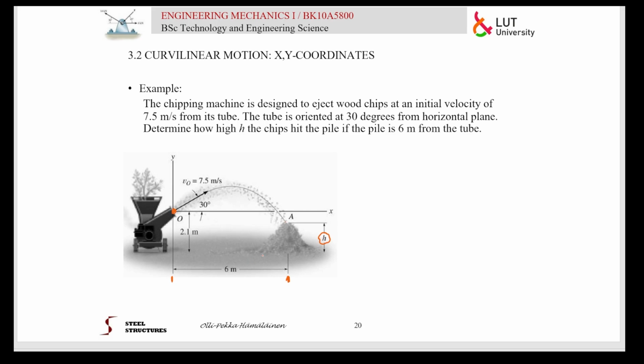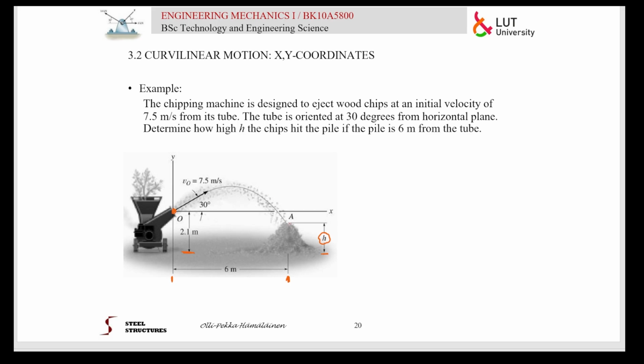And look at this, we are not talking about time at all here. The only thing we know is that the distance from the x-axis to the ground is 2.1 meters. This pile here is at a distance h from the ground, meaning they have a common reference.